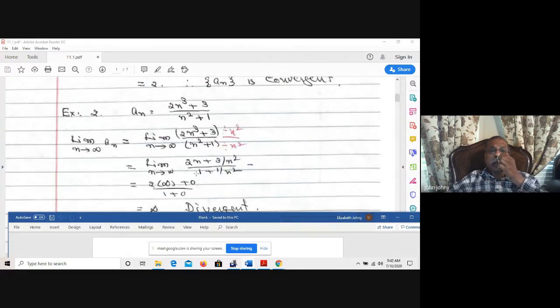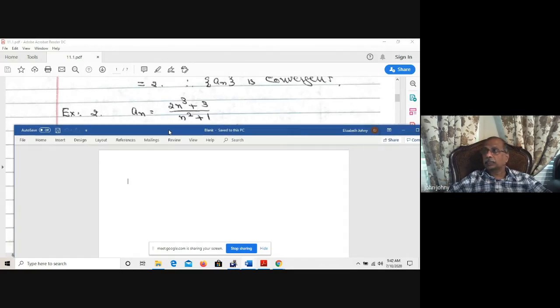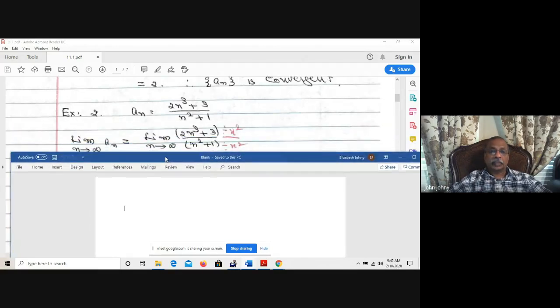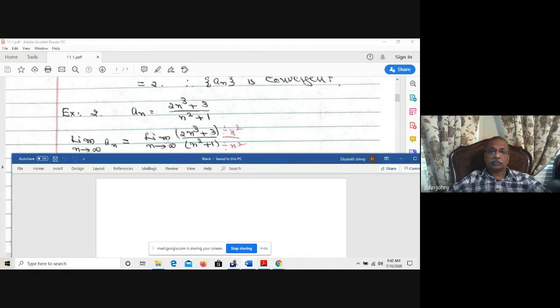Example 2. an is equal to (2n cubed plus 3) divided by (n square plus 1). So here, the limit of an is equal to the limit of (2n cubed plus 3) divided by (n square plus 1). As in the previous case, divide both numerator and denominator by n square.